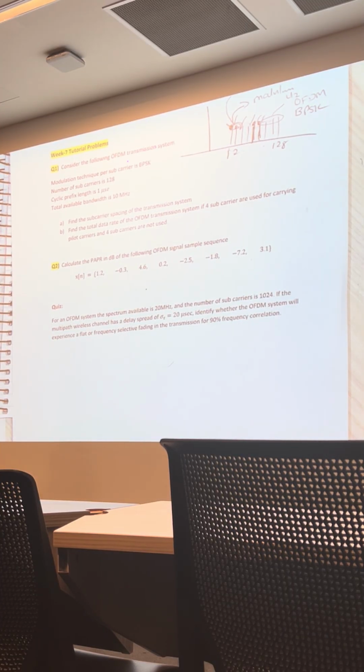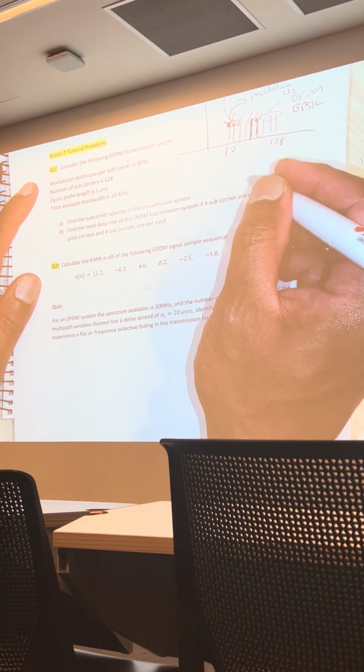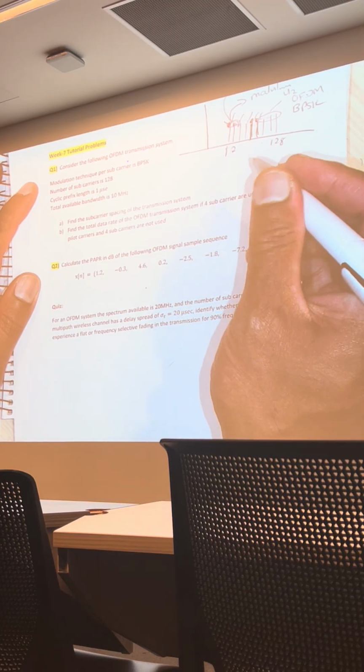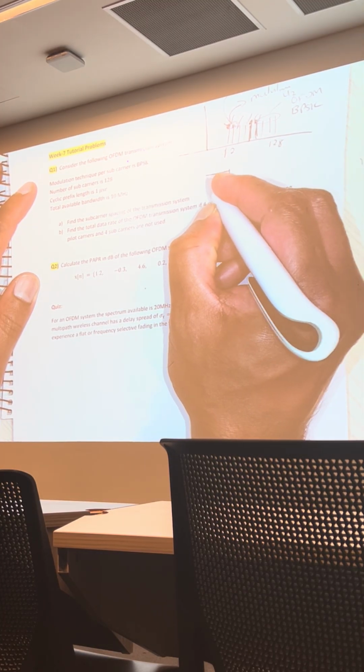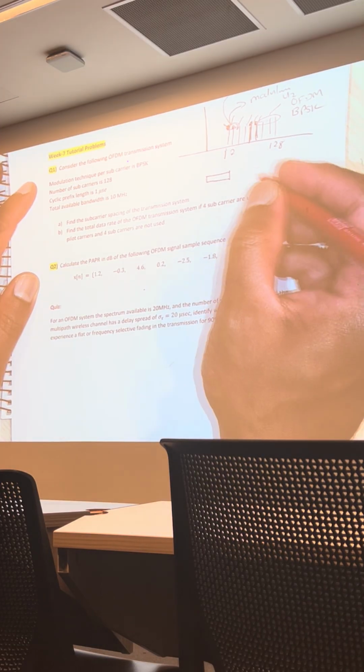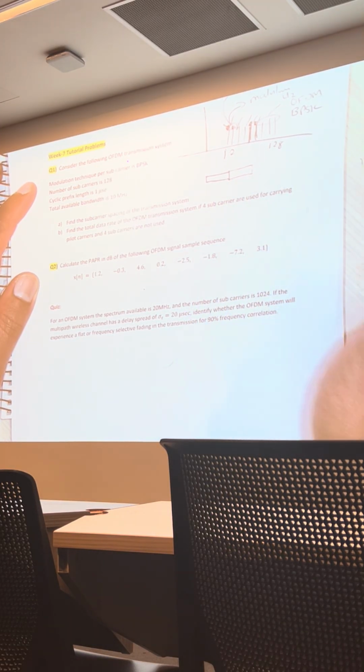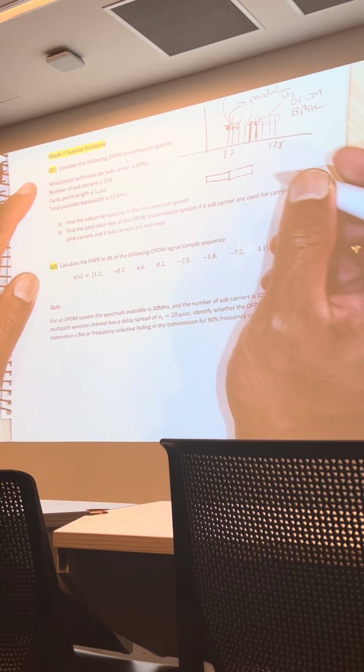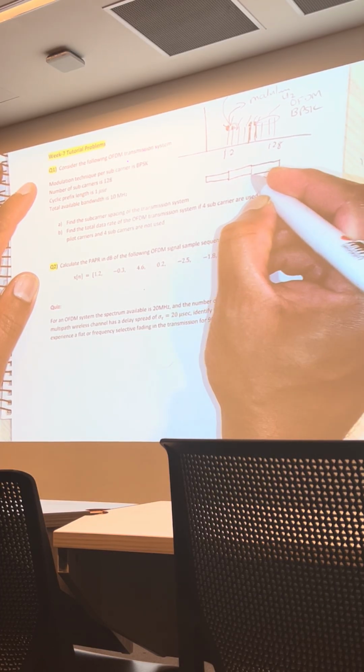So the cyclic prefix goes back to the time domain of the OFDM symbol. We get an OFDM symbol, and the adjacent symbol, and the next symbol, and so on.